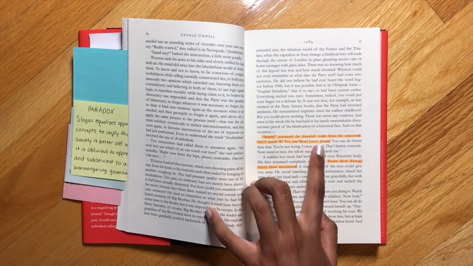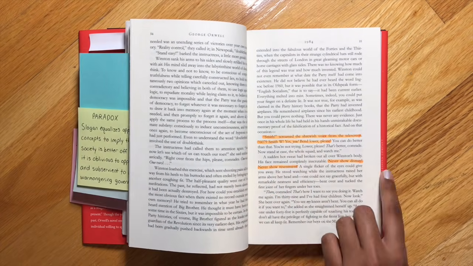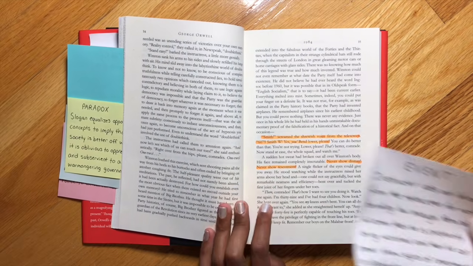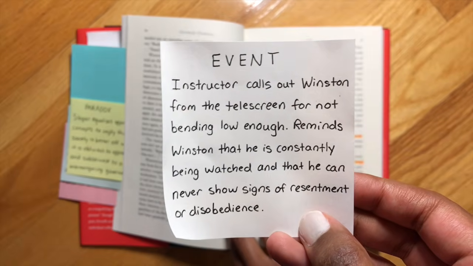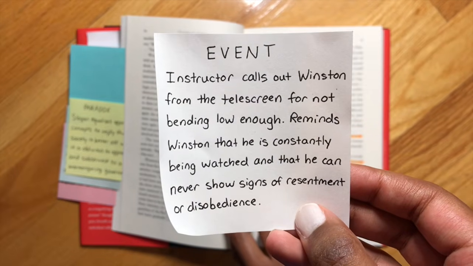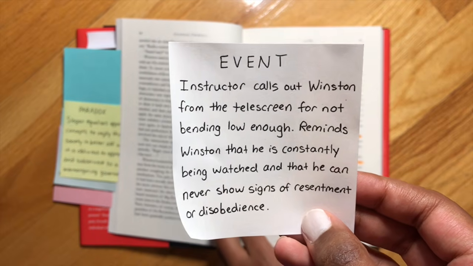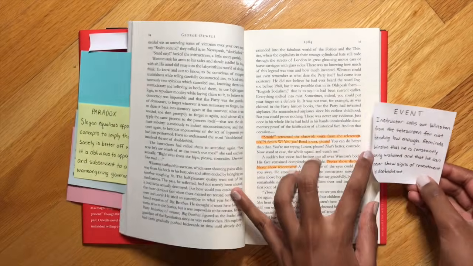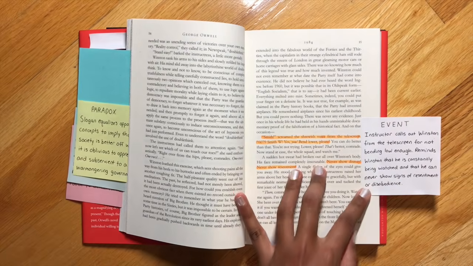Here is another annotation where we see that this fitness instructor is calling out Winston from the telescreen for not bending low enough. This is an important event because this shows that Winston is constantly being watched and that he can never show signs of resentment or disobedience because, again, the telescreen is always on, it's always watching him from afar even when he doesn't realize it.